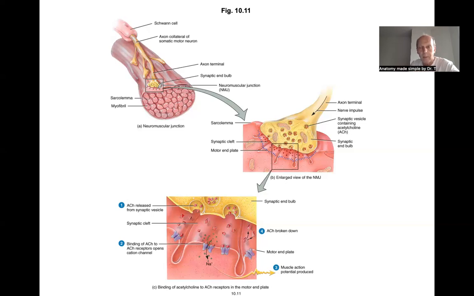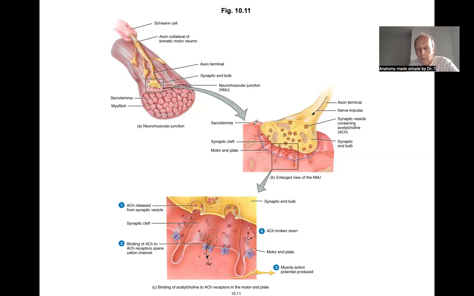It's not like a nerve is plugging itself into a muscle, but rather the nerve with its synaptic end bulb actually adheres onto the muscle surface. It's equivalent of what we described earlier as the synaptic cleft. We have the same little gap, except it's not between two neurons, it is between a neuron and the muscle cell.